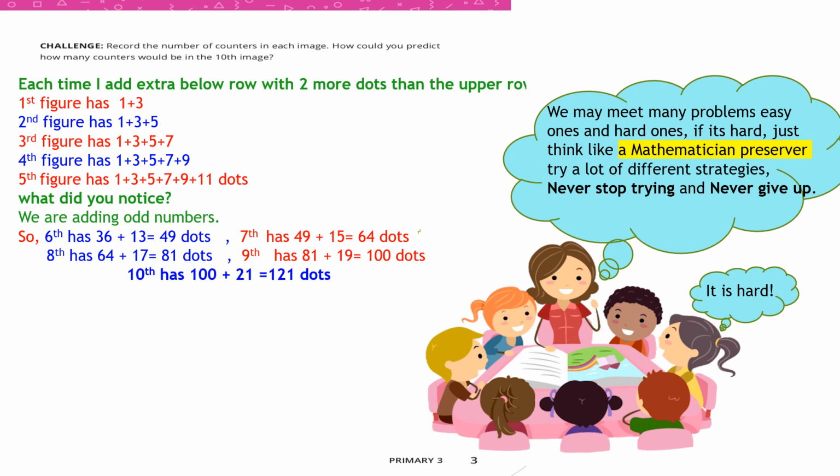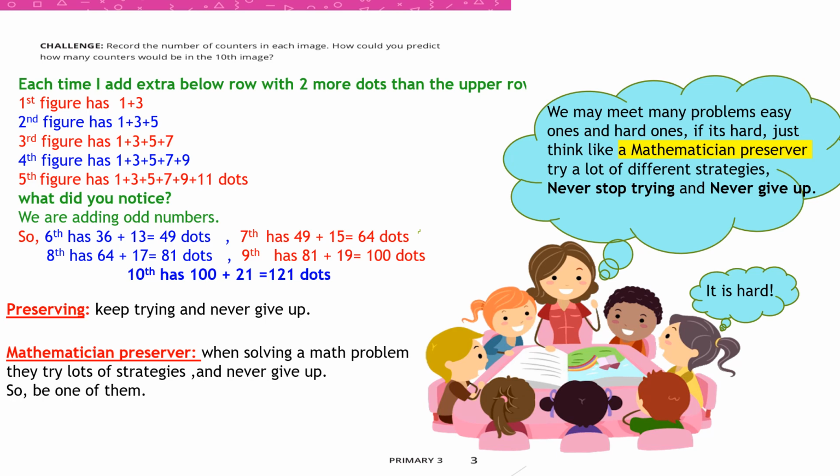A mathematician perseveres, tries a lot of different strategies, and never stops trying and never gives up. Persevering means keep trying and never give up. When solving a math problem, they try lots of strategies and never give up, so please be one of them.